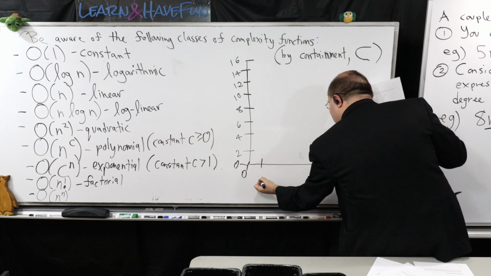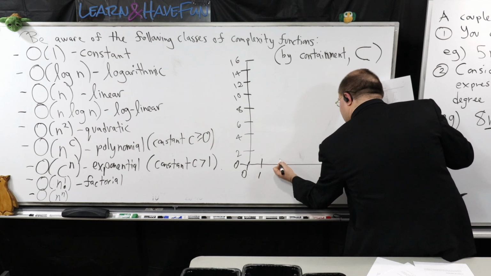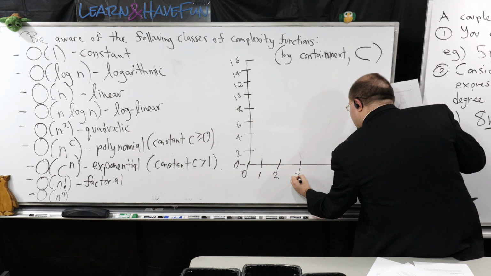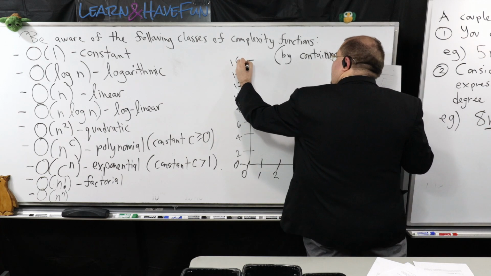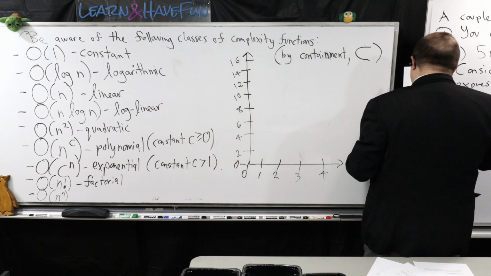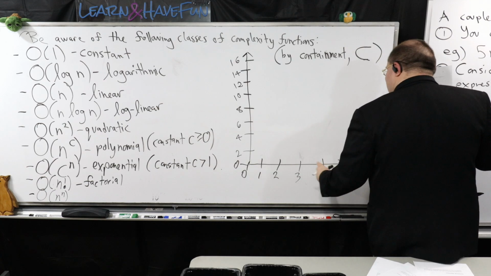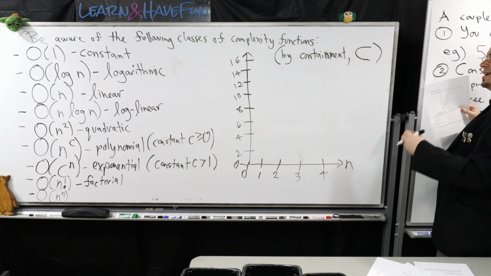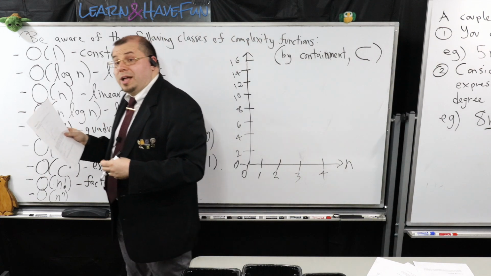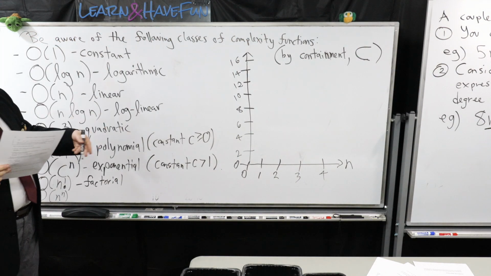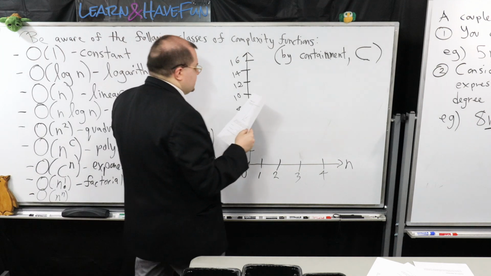We'll have 0, 0. We'll have 1, 2, 3, 4. I'll label my axes. So n is going to be the horizontal axis. The vertical axis is going to label what the output of the two functions I'm going to look at are. Suppose I give you two functions here.